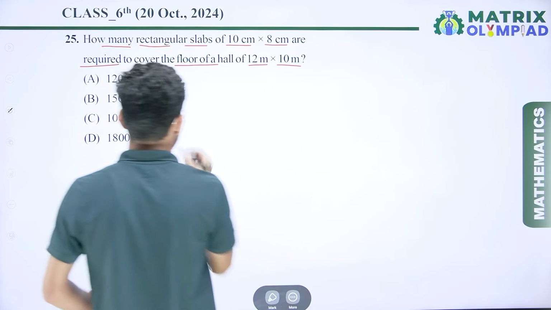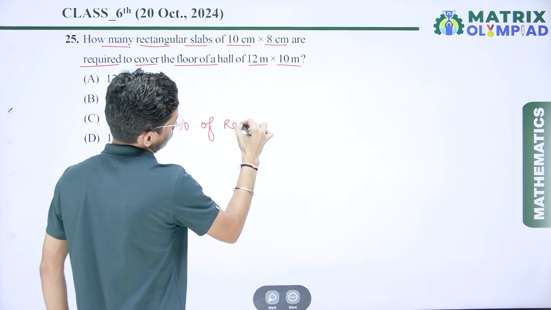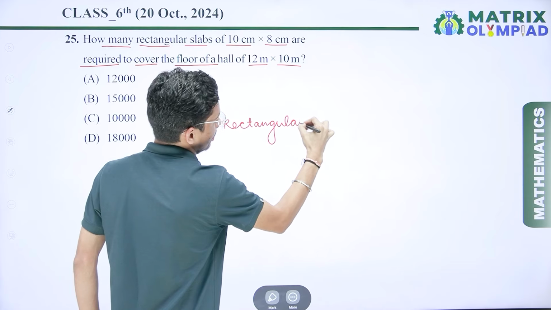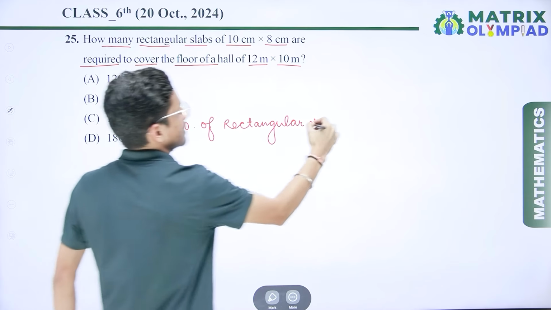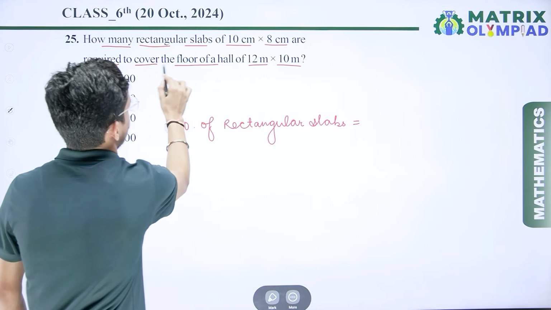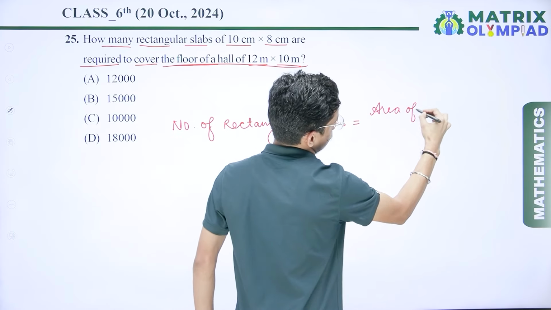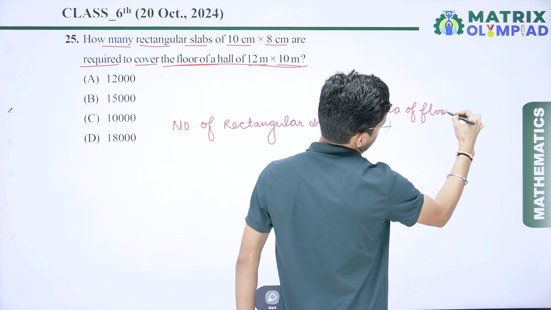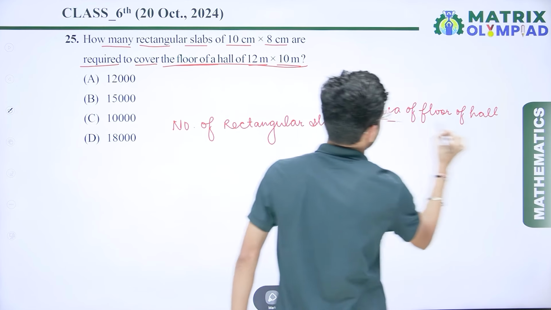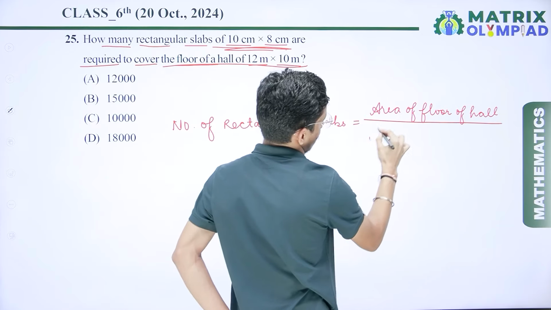So I can say that the number of rectangular slabs is equal to the area of the floor of the hall divided by the area of one rectangular slab.